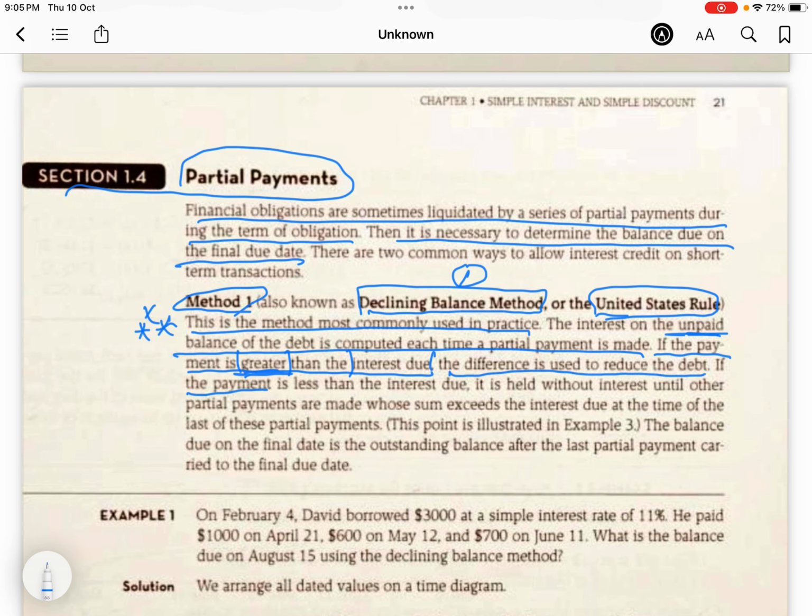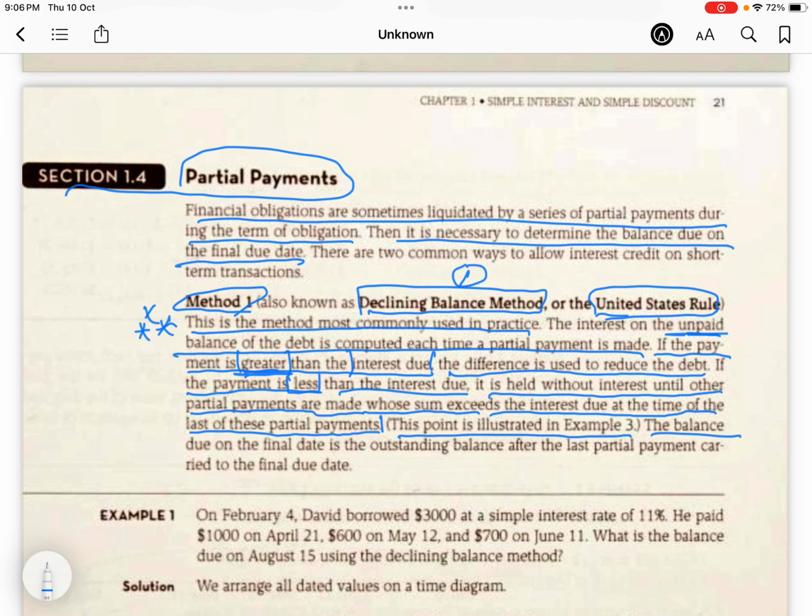If the payment is less than the interest due, it is held without interest until other partial payments are made whose sum exceeds the interest at the time of the last of these partial payments. This point is illustrated in example number 3.